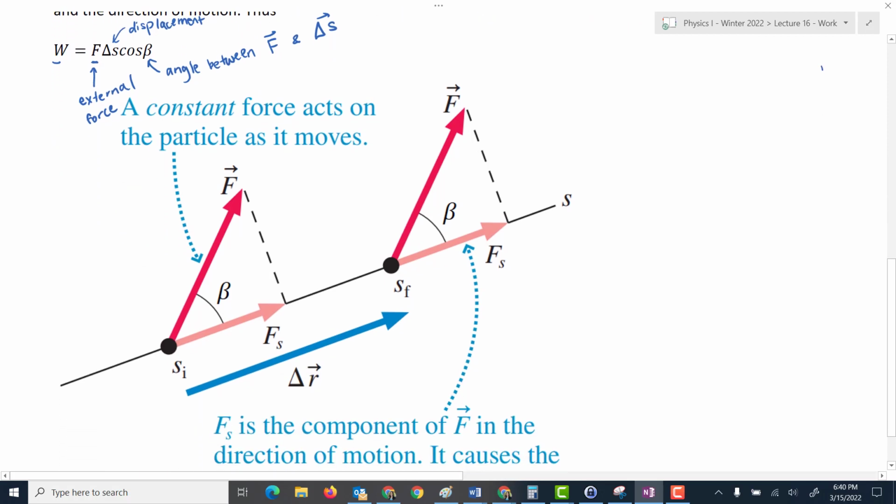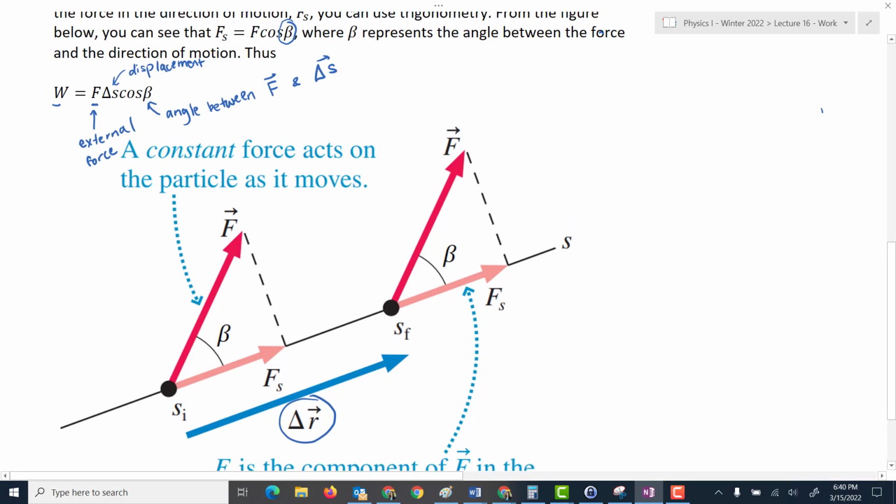Here's a little picture. Okay, so my object is moving in this direction and this is the distance. So this is like my delta S here. They're just calling it delta R. It's the same thing. This is my force. So here's one case. So they're showing two different examples, but this is my force acting on my object. Okay, so this is my object over here.